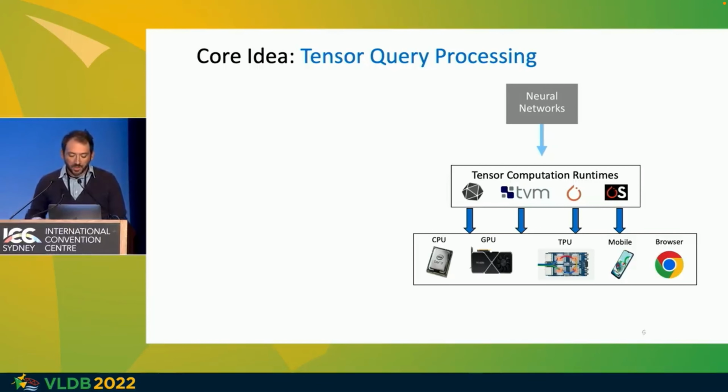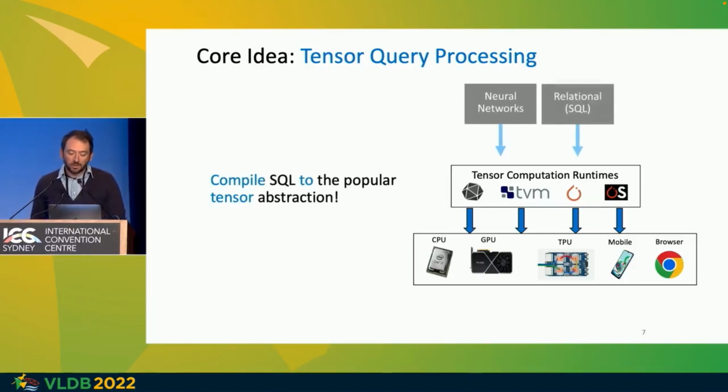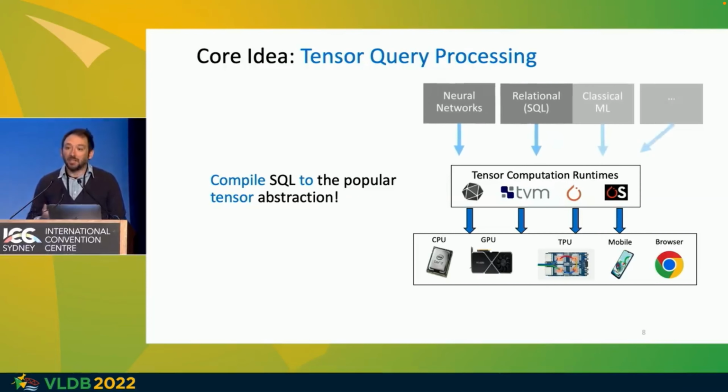So our idea is to see whether we can consider these tensor computation runtimes not just as tools to implement your machine learning model, but as a generic compiler for hardware accelerators. And specifically in this case, we try to see if they can be used as a compiler for SQL queries. Why do we even think something like this could work?